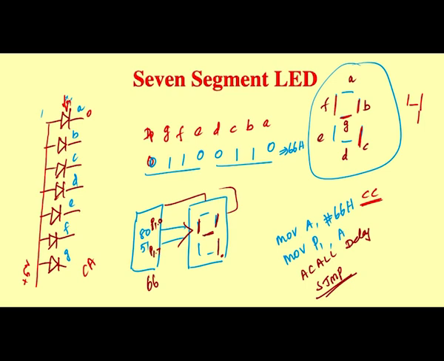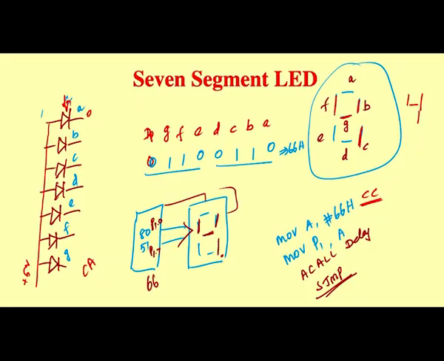Each LED is named A, B, C, D, E, F and G. Each LED is assigned the corresponding alphabet. I will write the corresponding names: A, B, C, D, E, F, G. So, these 8 LEDs are arranged in this structure, that is why it is called a 7 segment LED.